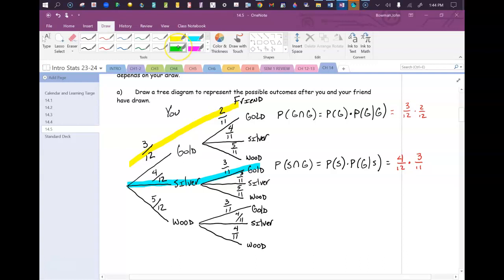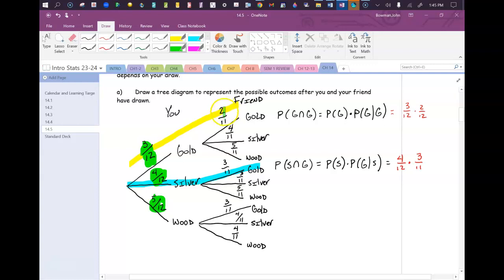Another thing that is really important is at any stage or any place where it branches, the probabilities have to add up to 1 because it accounts for all the possibilities. So 3 twelfths plus 4 twelfths plus 5 twelfths is 12 twelfths.